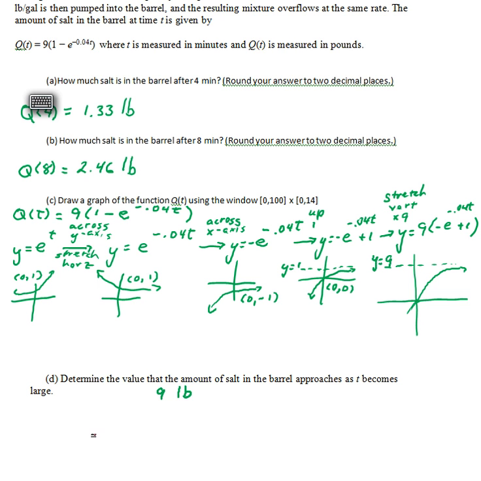Just as a check, notice that if we found Q of 100, we would have 9 times 1 minus e to the negative 0.04 times 100, which would be negative 4 plus 1.